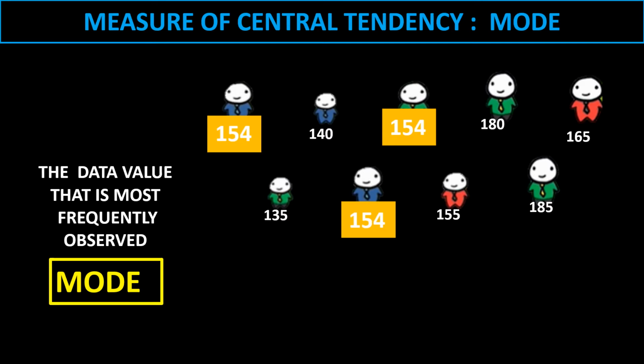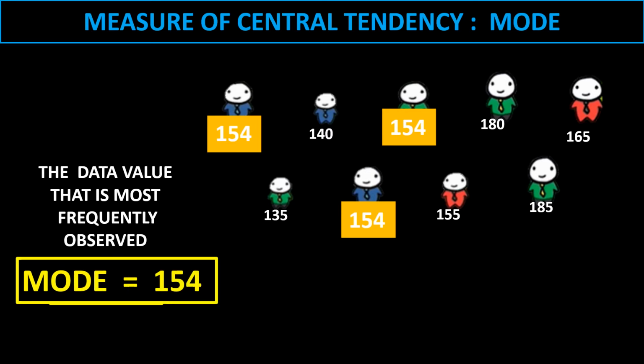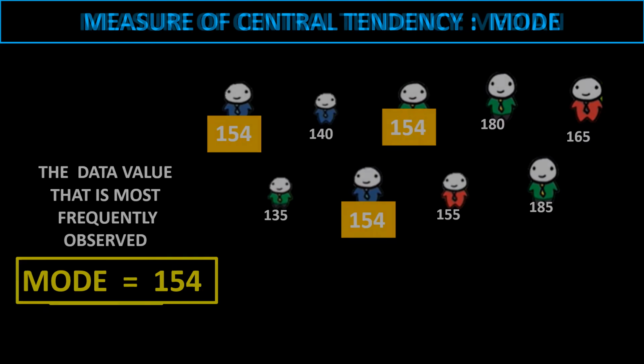So the mode here is 154. There's no other height that occurs more, so the mode is 154. You can also sometimes have more than one mode, and it's possible not to have a mode as well. So the mode in this example is 154.